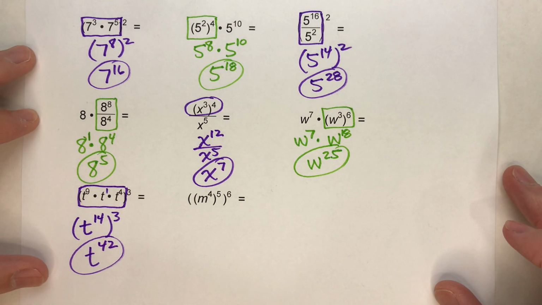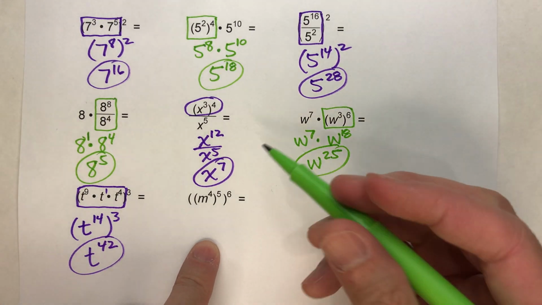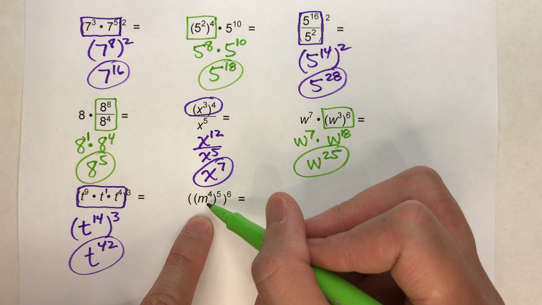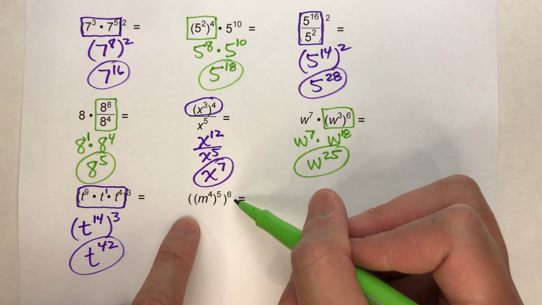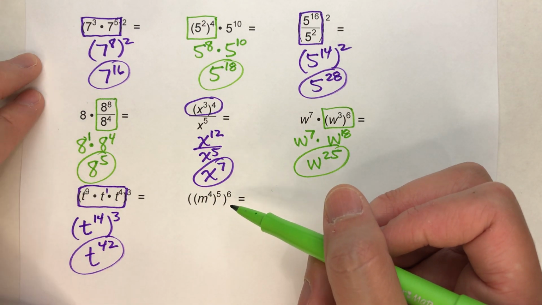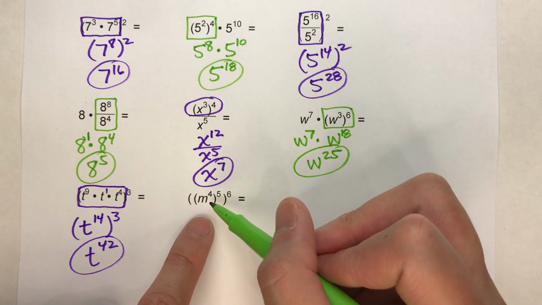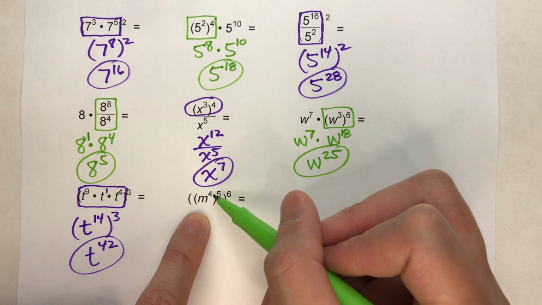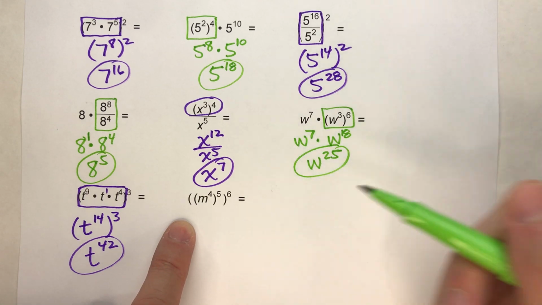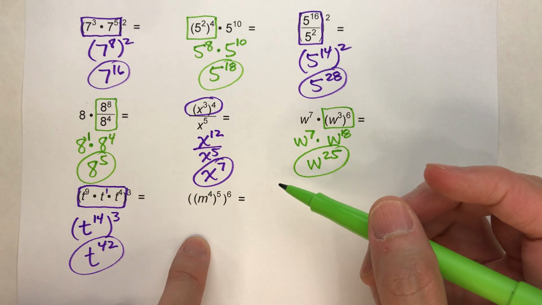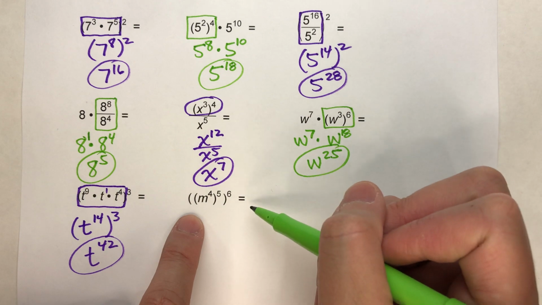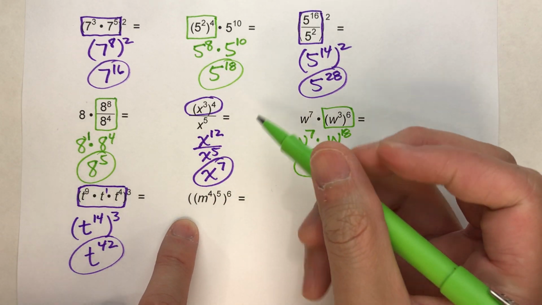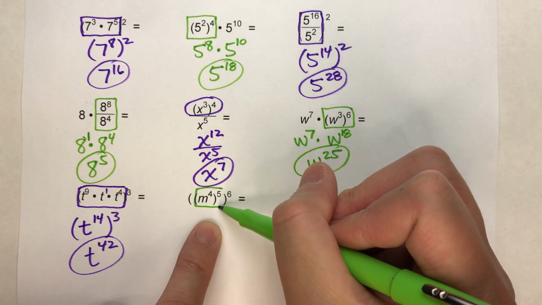All right. Last one. We've got m to the 4th power, raised to the 5th power, raised to the 6th power. Okay, so we've got a couple things going on here. We've got a power, raised to a power, raised to a power again. Now, order of operations says we have to do the grouping symbol first because we've got parentheses. We've got a bunch of parentheses, really, but we want to start with the innermost one first.